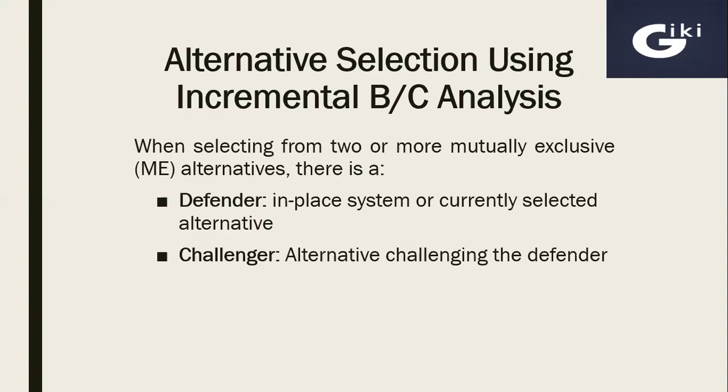Then the challenger is the alternative challenging the defender, meaning a higher cost option as compared to the defender, or the next higher cost option as compared to the defender. Then the do nothing option is the status quo system, that the company is already using.